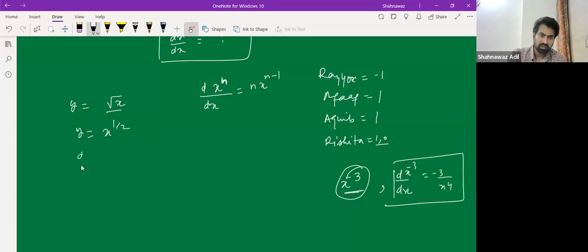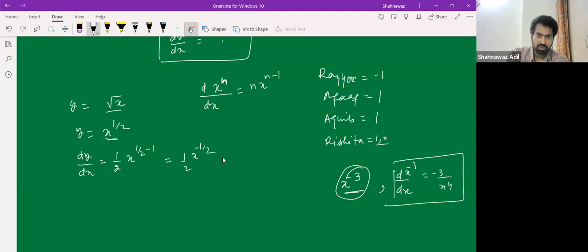So dy by dx would be how much, Akib? n x to the n minus 1, and n is half. So half x to the half minus 1, and half minus 1 is minus half.